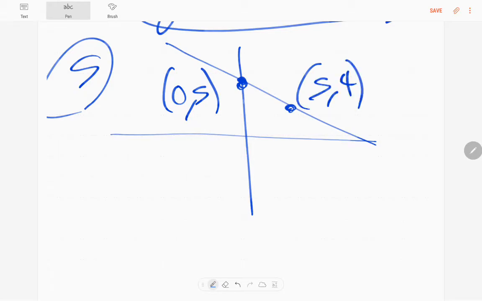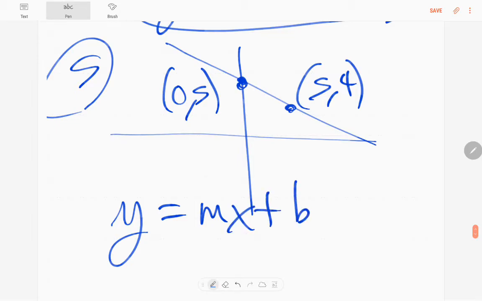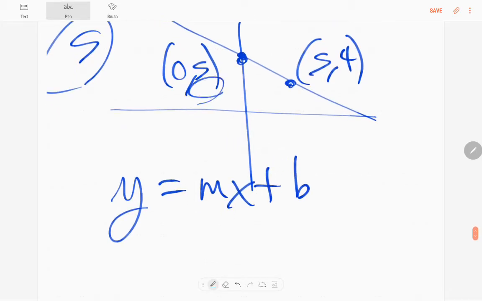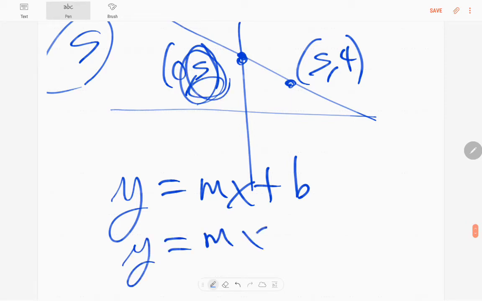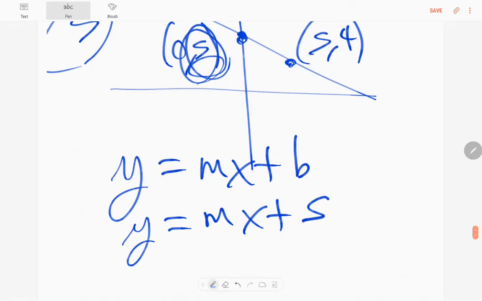Okay. Well, here's one way to do it. There are actually multiple ways we could do this. I'm going to use slope-intercept form, though, because notice we're given the y-intercept is 5. We're given the b. So right away, I need just the m now. So how do I find the m? Well, if (5, 4) is on the line, it's got to satisfy this equation.